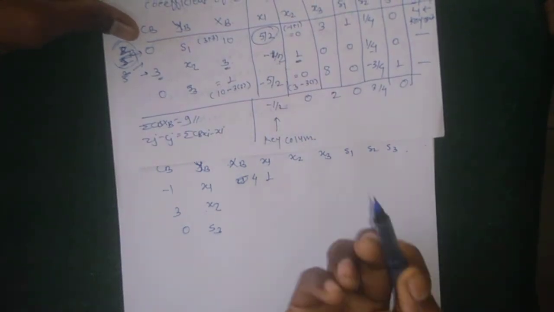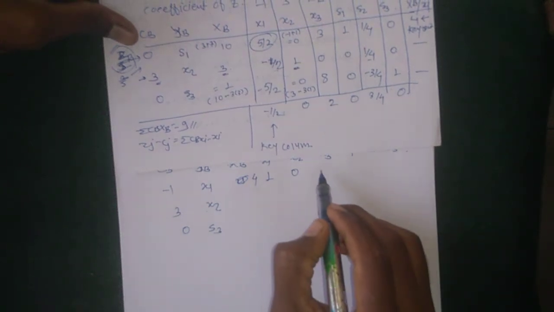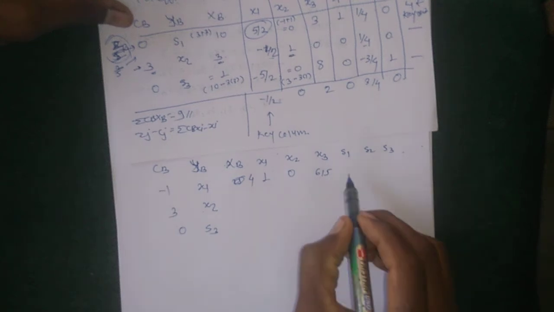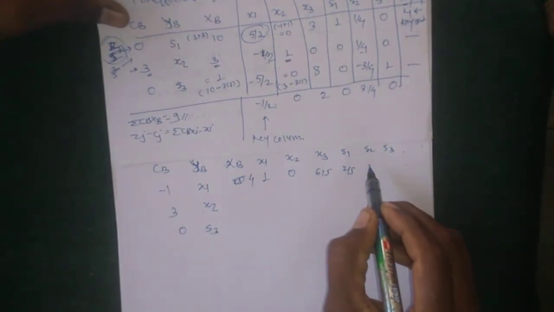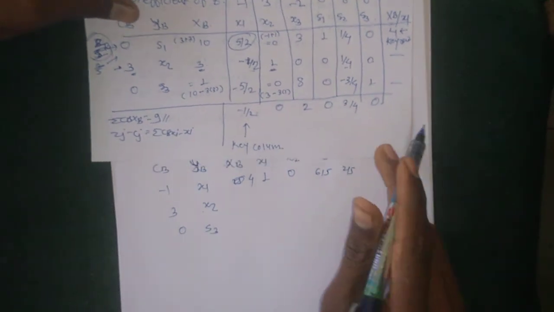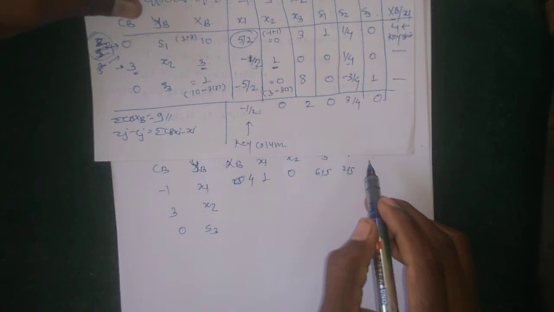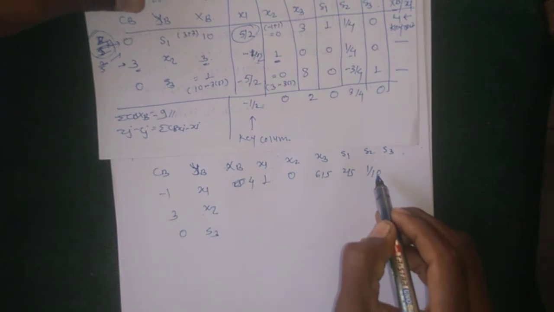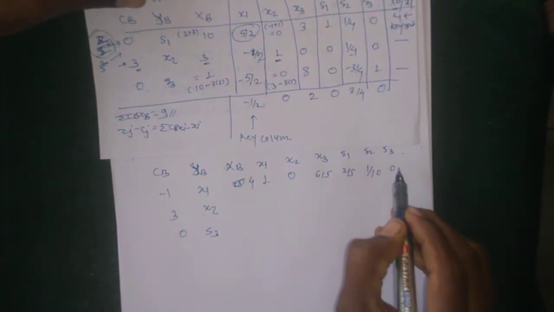Then 0 into something is 0. 3 into 2 by 5 we get 6 by 5. Then 1 into 2 by 5 we get 2 by 5. Then 1 by 4 into 2 by 5 we get 1 by 10. Then lastly 0.